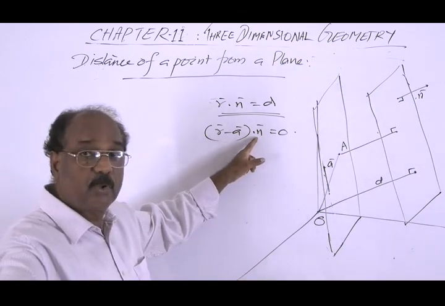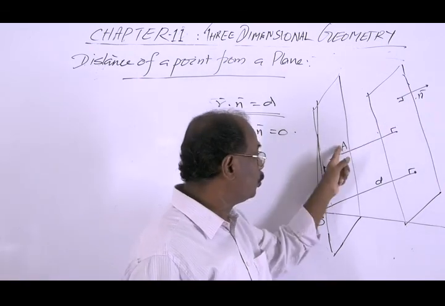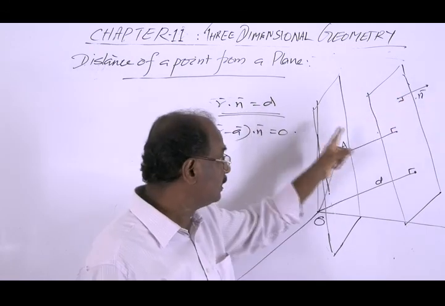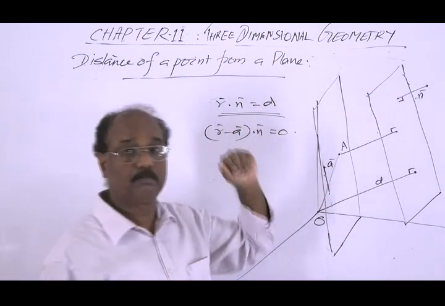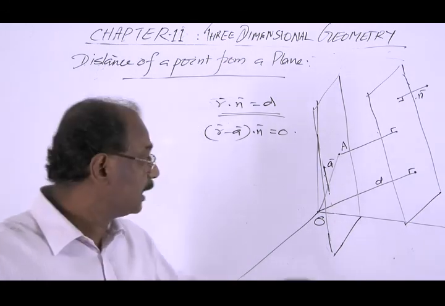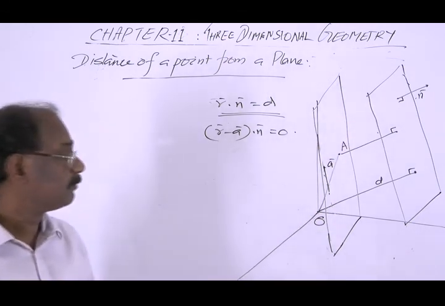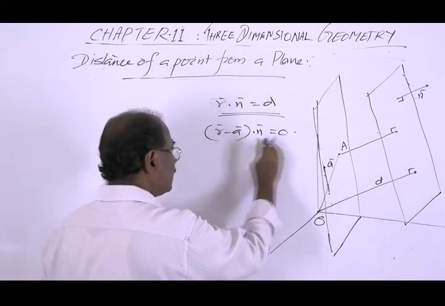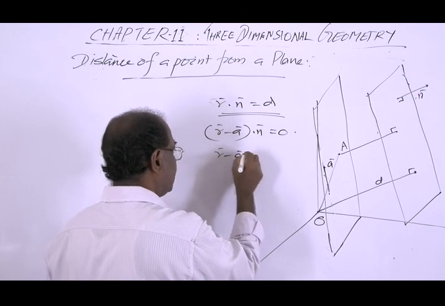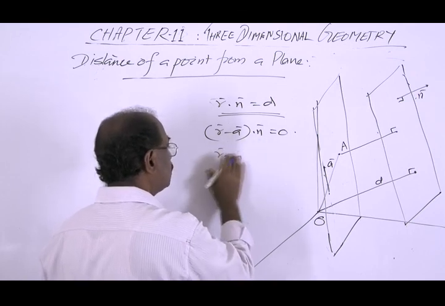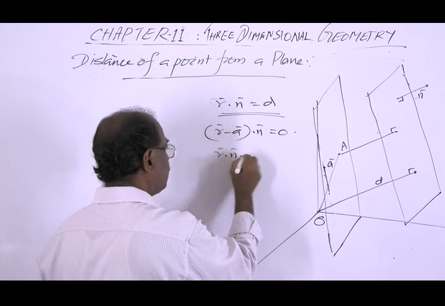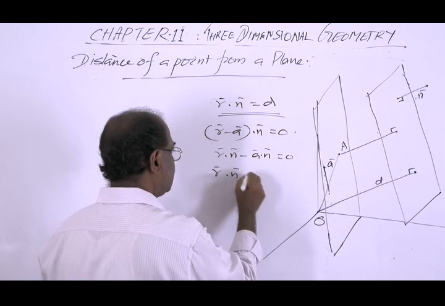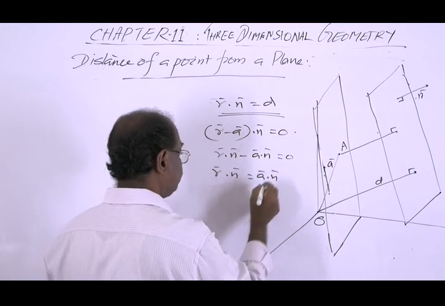The perpendicular vector is this same unit vector n, because these two planes are parallel and therefore this unit vector is perpendicular to this one also. This second equation can be written as r dot n minus a dot n is equal to 0, or r dot n is equal to a dot n.